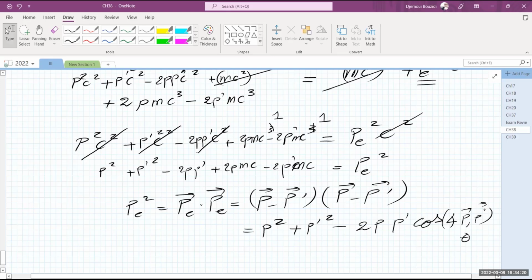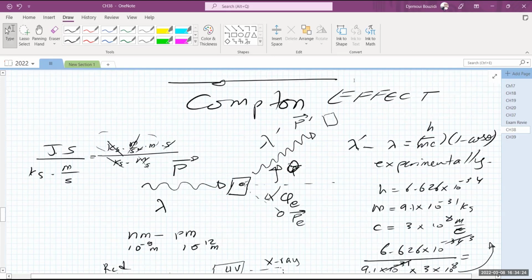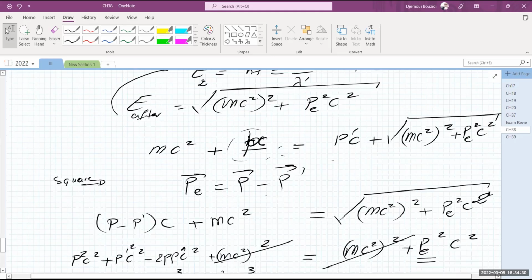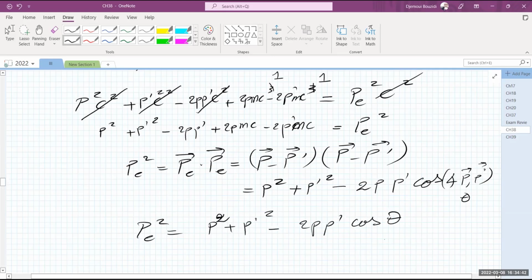You guys look at the geometry that we drew earlier. That is the angle between P and P prime. P is going this way and P prime is going that way, so it's just theta. So it's just cosine of theta. So P_e squared then is equal to P squared plus P prime squared minus 2PP prime cosine of theta.